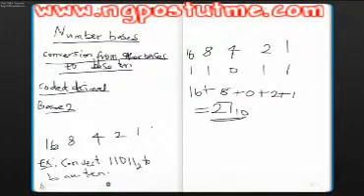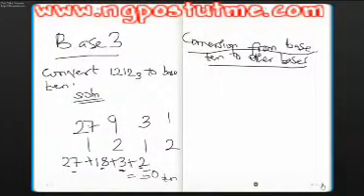In the first one, the answer we got was 27 in base 10. So let us convert 27 from base 10 to base 2. Let's see if that is going to give us 11011.